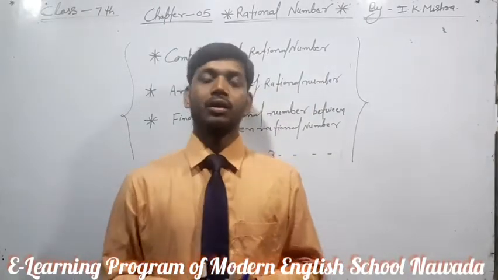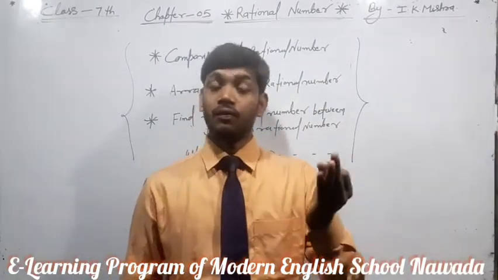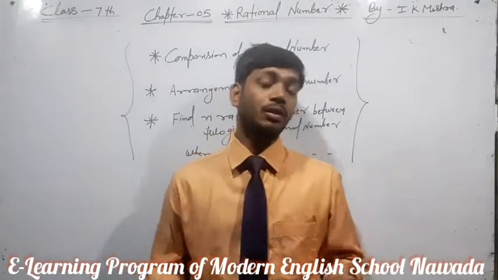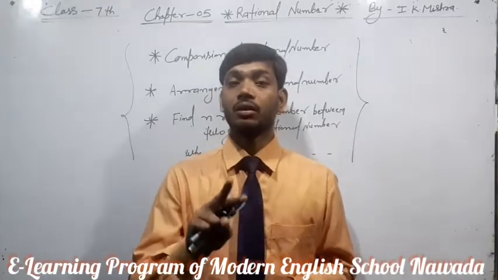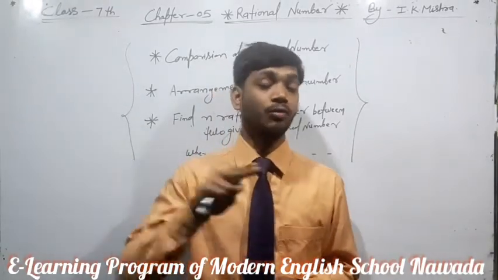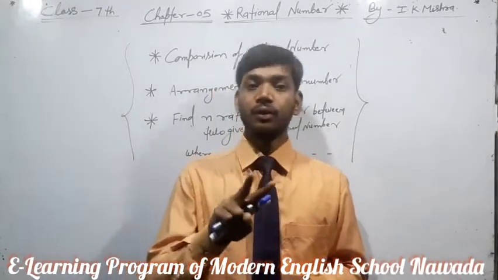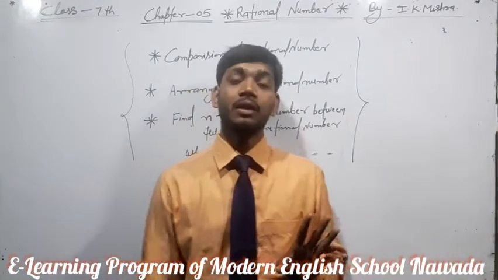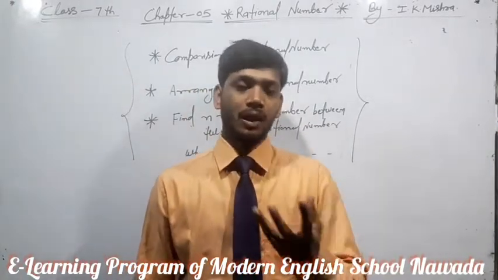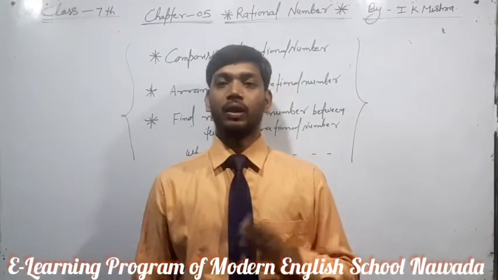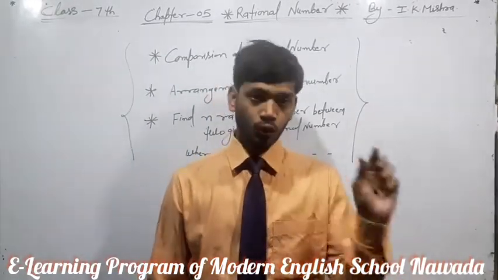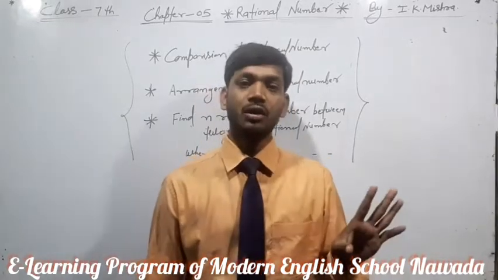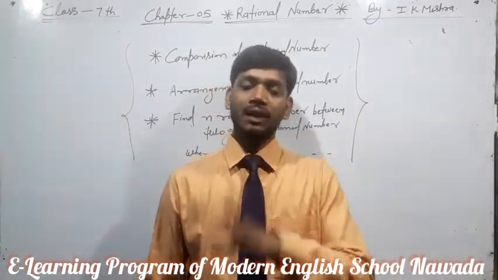Students, I think you have already studied the chapter Fractions, and in fractions you studied how to compare fractions, which is greater or smaller. If two rational numbers are given, then you can compare them by cross multiplication. I think you know the concept of cross multiplication that was studied in the fraction chapter.